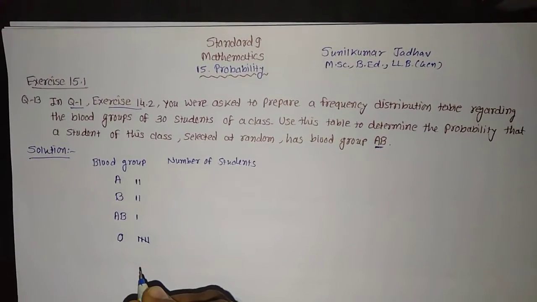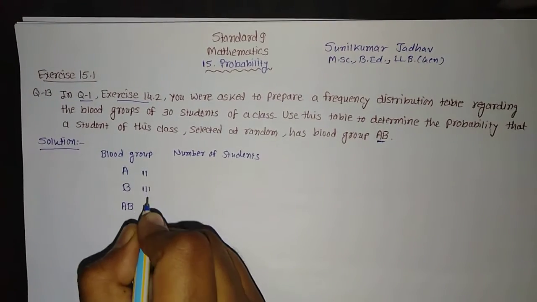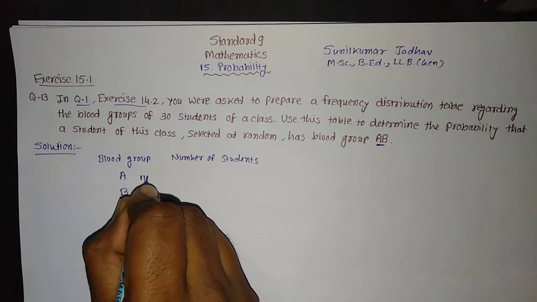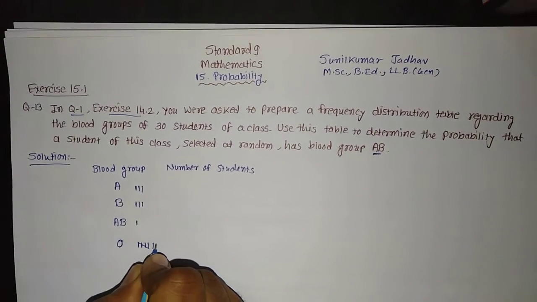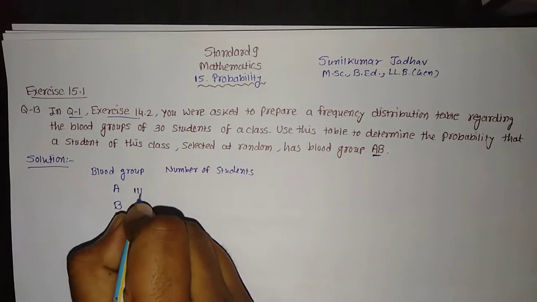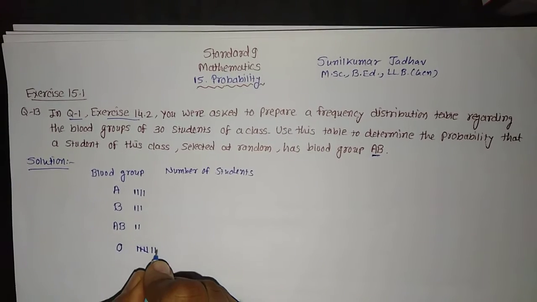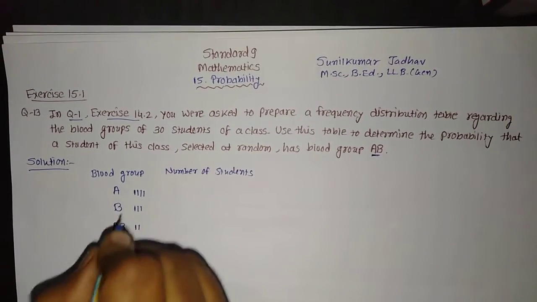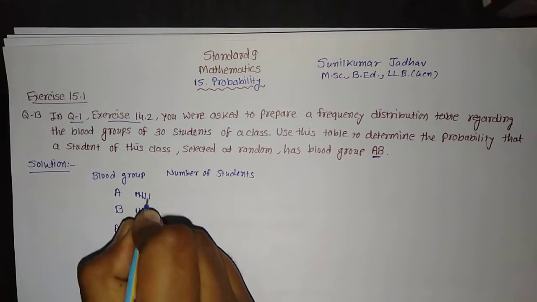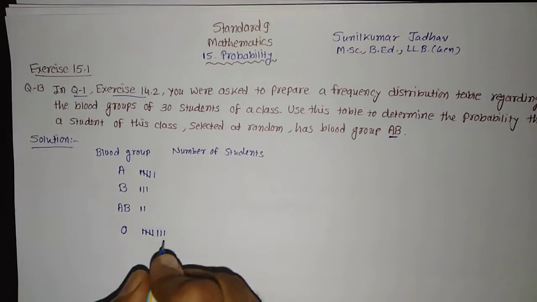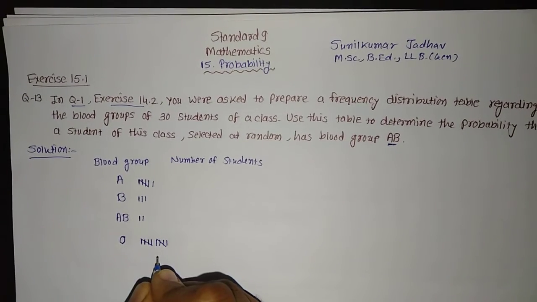After 4 we make the fifth cross mark. Then B is given, then A, then O, one more O, again A, then AB, then O, then A. After 4, the 5th is a cross mark. Again A, then O, again O. So after 4 again a fifth cross mark.